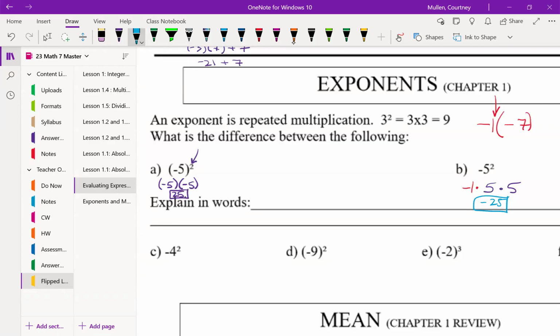So our explanation in words is: when the sign and value use parentheses, the exponent applies to both.